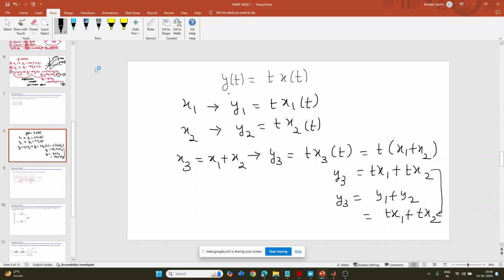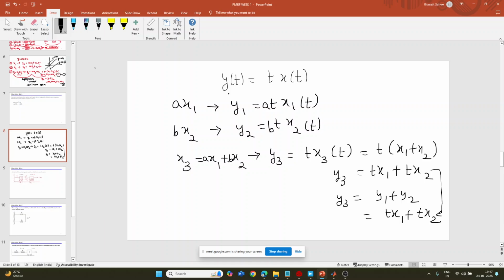Whether the system is linear or not depends upon the principle of homogeneity as well. Now you have to apply the input. Everywhere you apply a here, and b here.